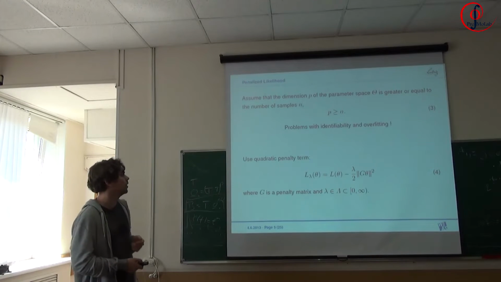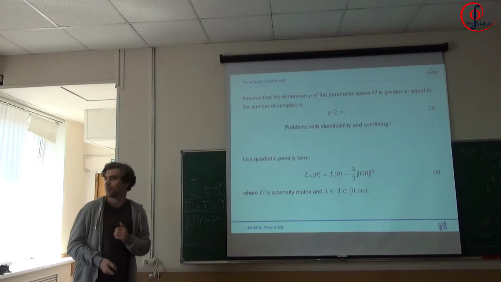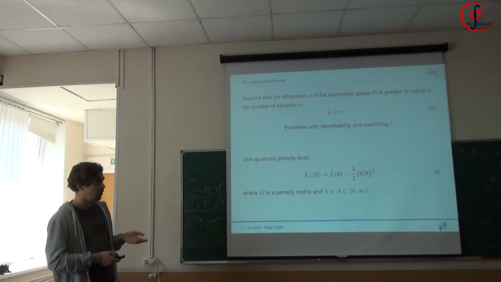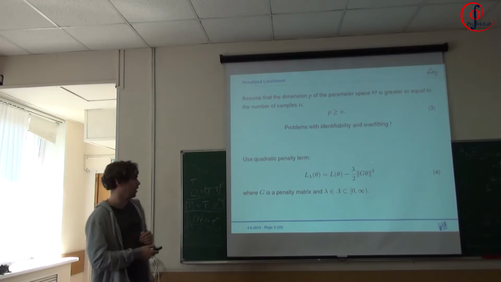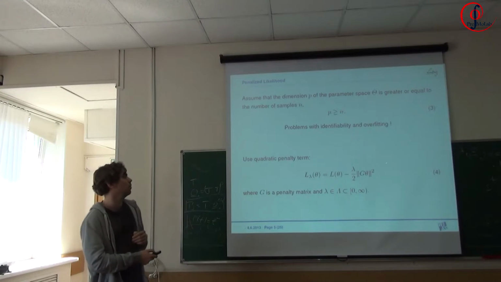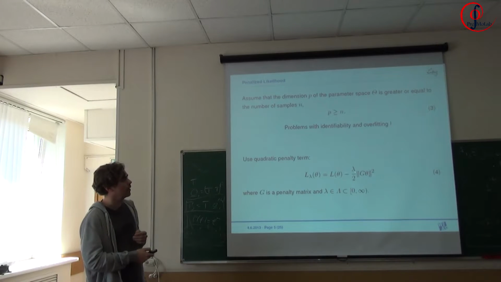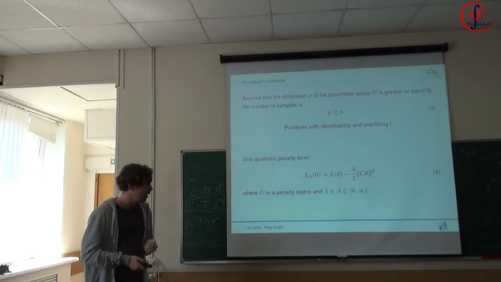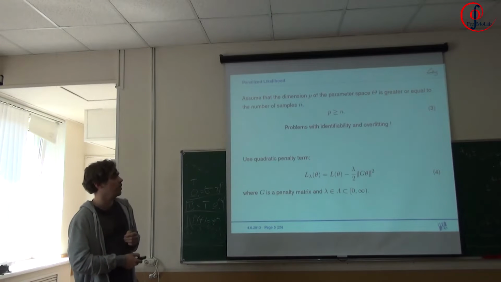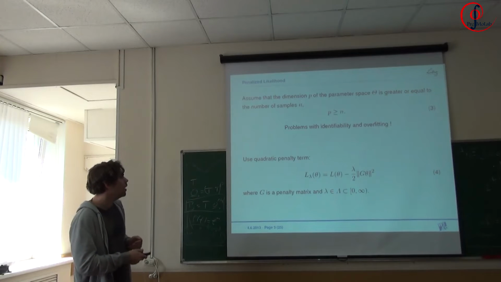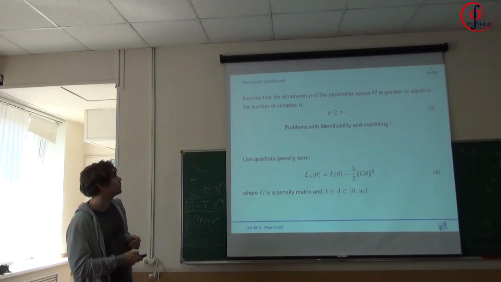And so the natural way to deal with it, as shown by Peter, Bayesian setup, or like many people do, is just add a penalty term here, a quadratic penalty term. So this G will be a penalty matrix, our penalty operator if we are working in infinite dimension. Lambda will be a tuning parameter for the strength of the penalty, which will be in some set big Lambda, which could be the whole positive half line or a smaller set, or even a finite set in your case.